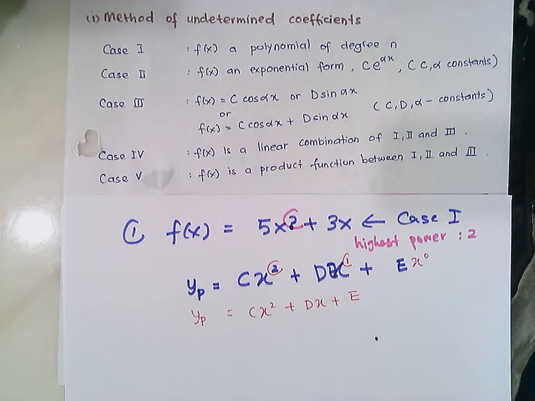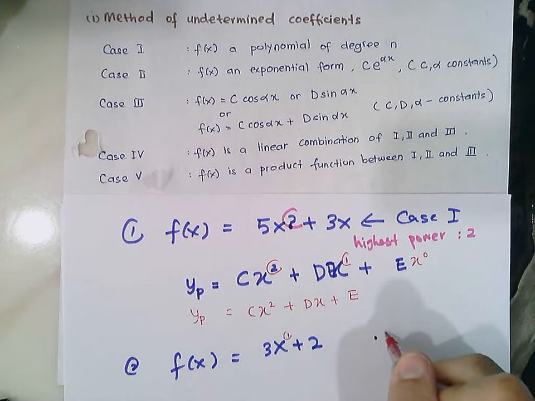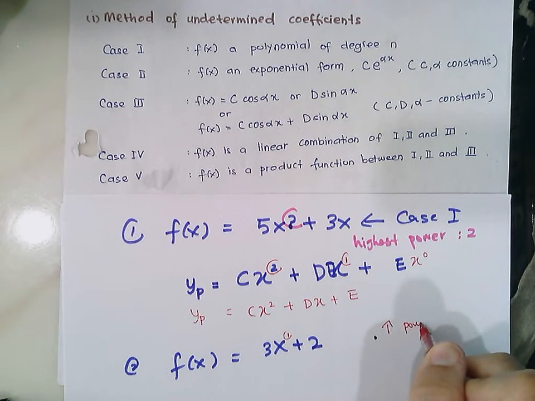Example 2, say your fx is equal to 3x plus 2. So what is the highest power here? The highest power is 1, isn't it? So the highest power is equal to 1.